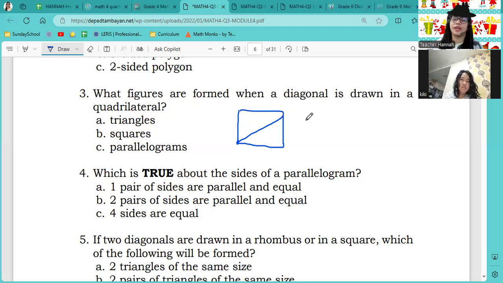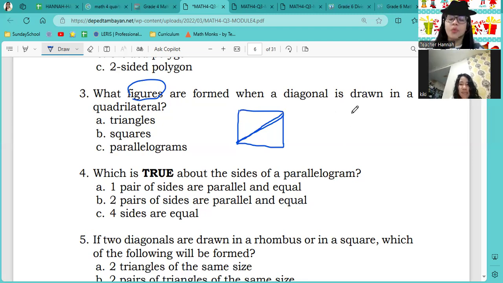Okay. So the question here is, what figures or what shapes are formed? When you draw a line here, what shapes are formed?